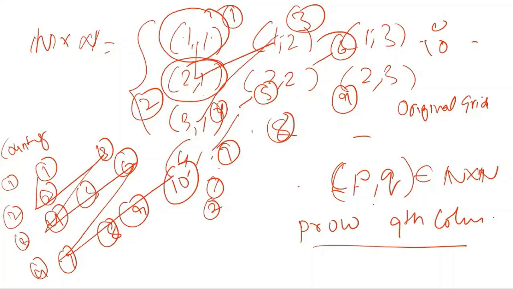Similarly, in the third row, all three elements sum to 4: (3, 1), (2, 2) and (1, 3). In the fourth row, they all sum to 5: (4, 1), (3, 2), and so on.